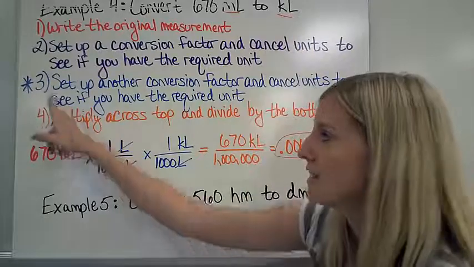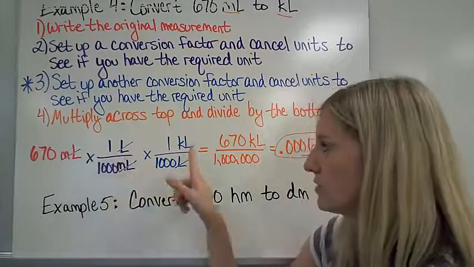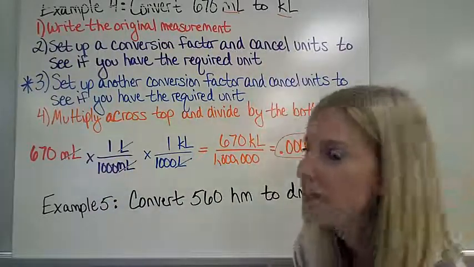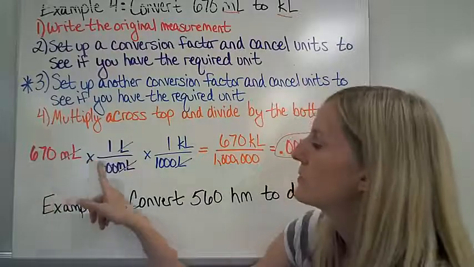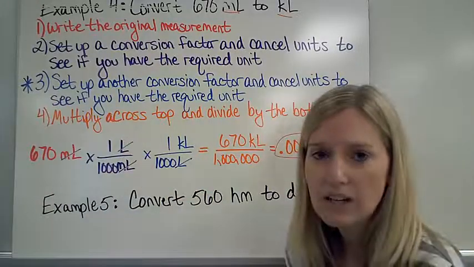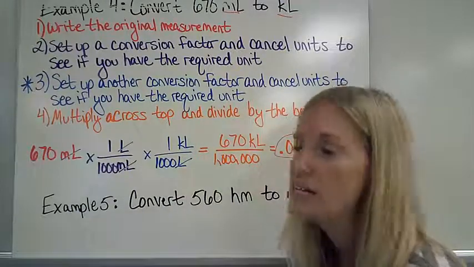So I'm going to set up another conversion factor to convert liters to kiloliters, because kiloliters is what I need my answer to be. So, I'm going to set up a second conversion factor. Liters goes on the bottom, because that's what I want to get rid of. Kiloliters goes on the top, because that's what I want my answer to be in.